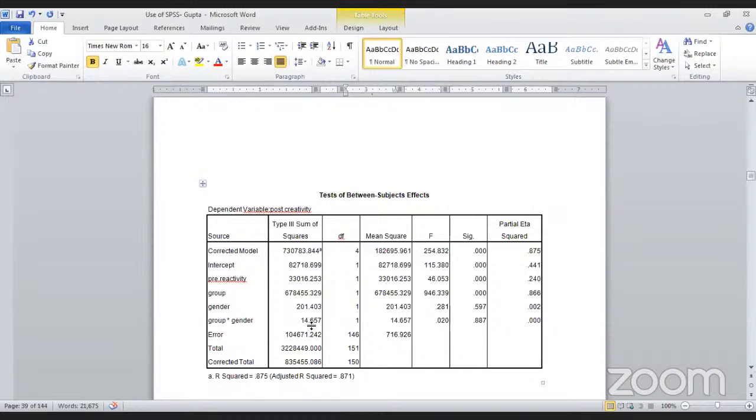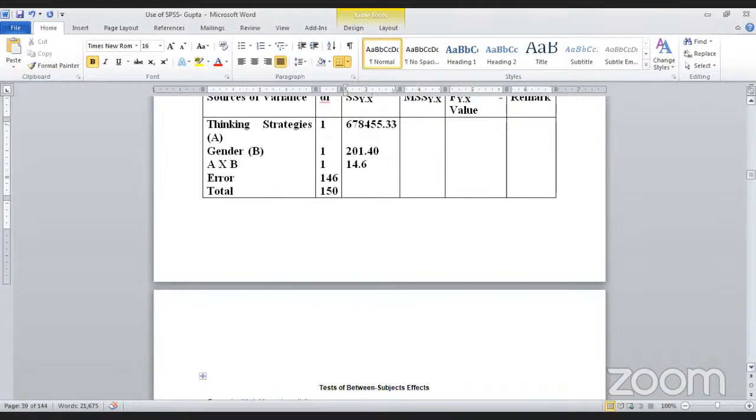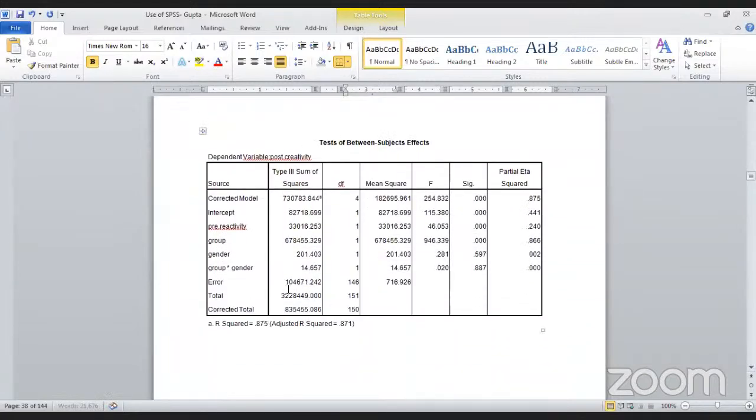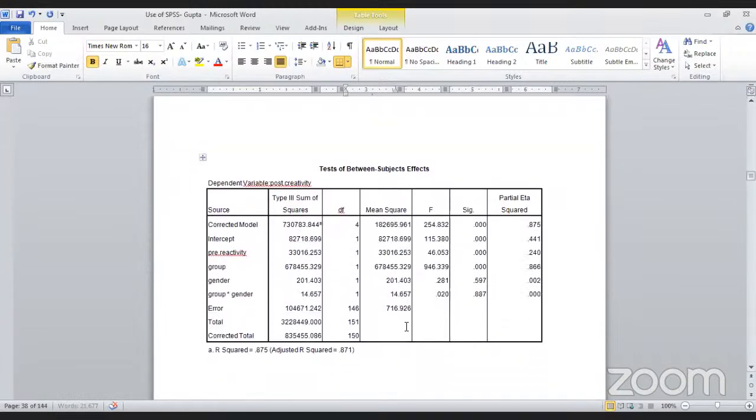So I can say 14.66. Then my error is 104671.24.